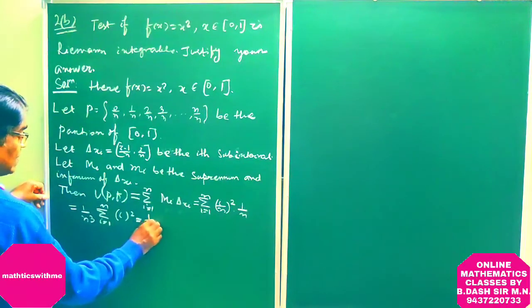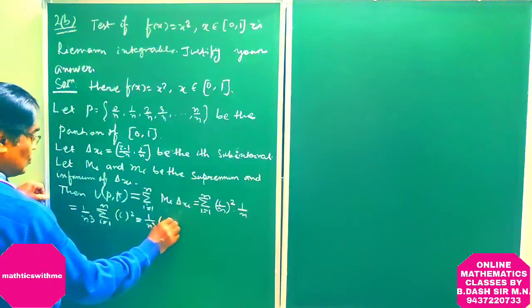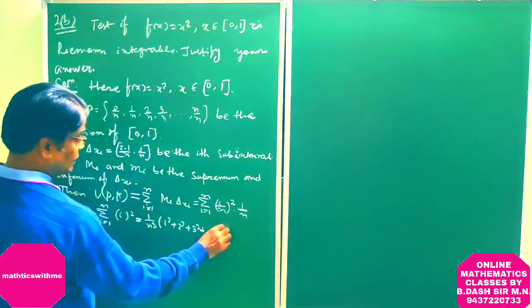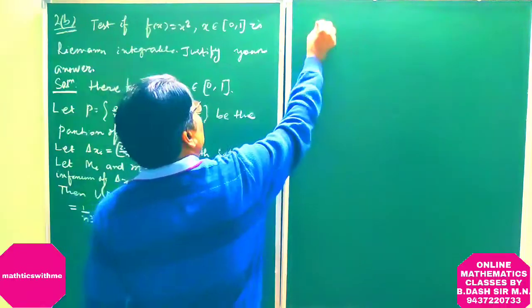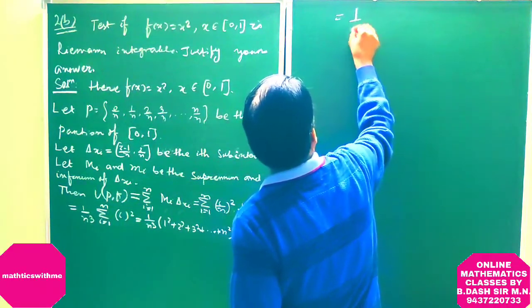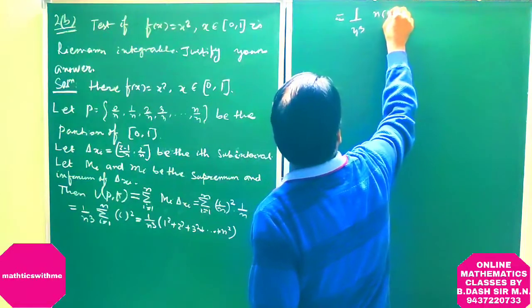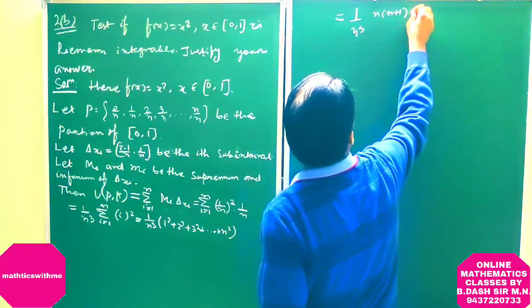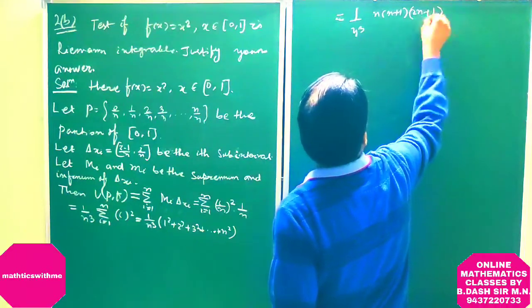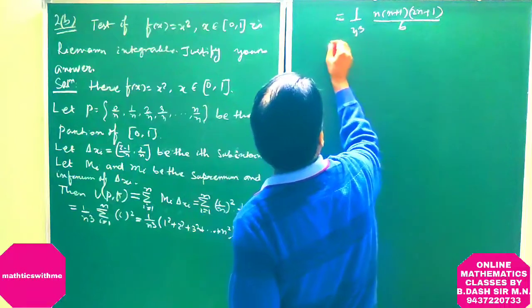This is equal to 1 by n cube times (1 square, 2 square, 3 square plus dot dot dot plus n square), which is equal to 1 by n cube times n into (n plus 1) into (2n plus 1) divided by 6.